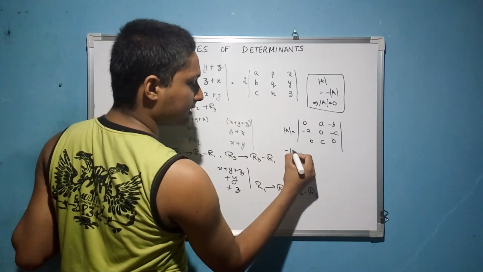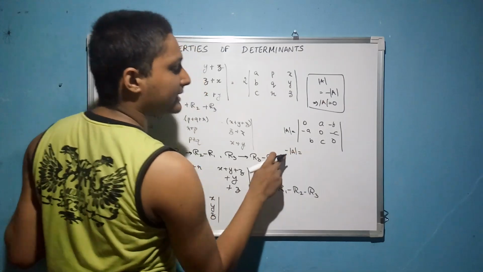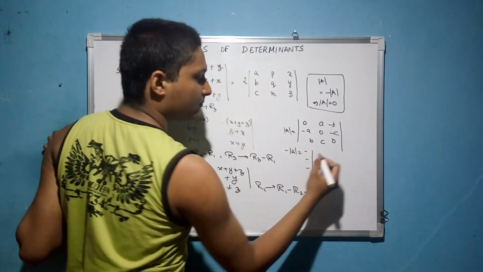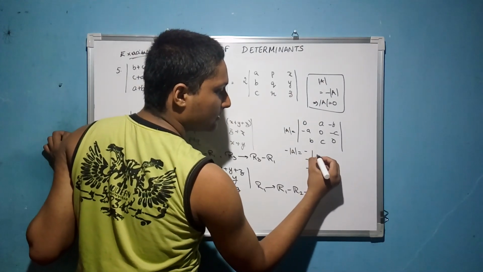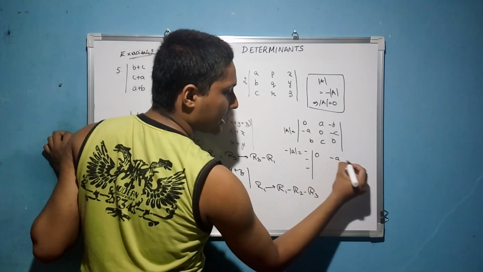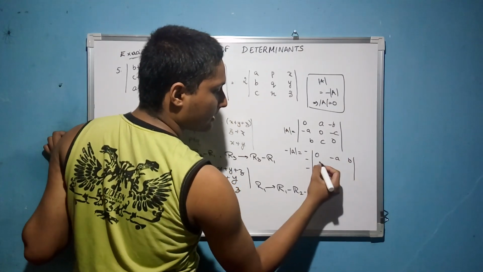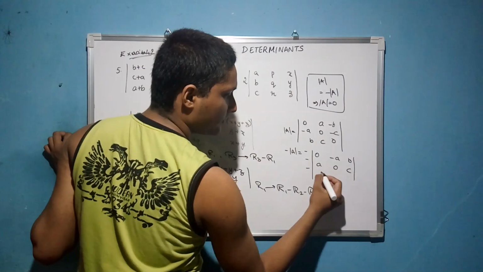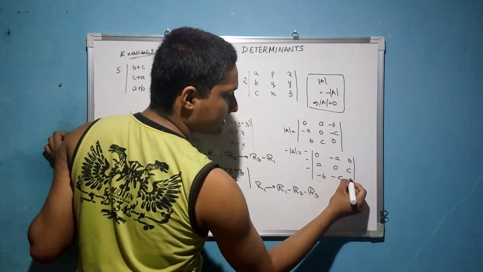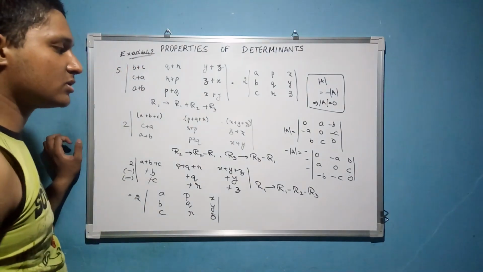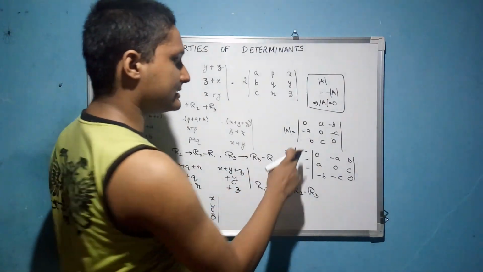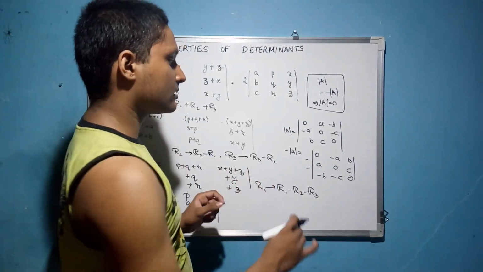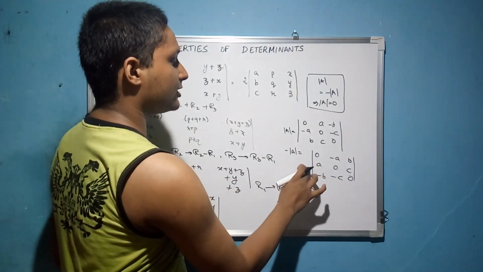So what is the minus of determinant of A? Minus is the same as if I multiply minus by each row. So it is coming to be 0, minus a, b, and this is going to be a, 0, c, minus b, minus c, 0. I have taken one minus sign inside from each row.